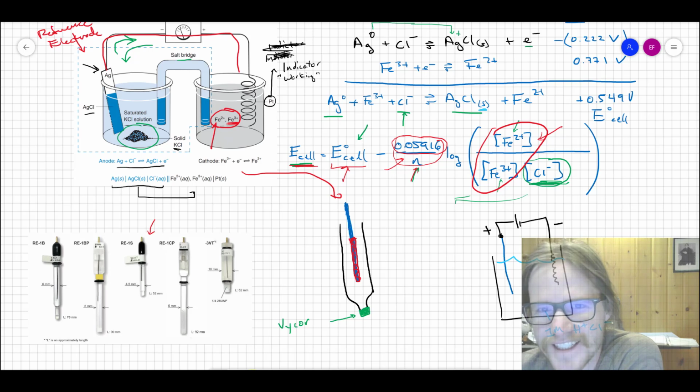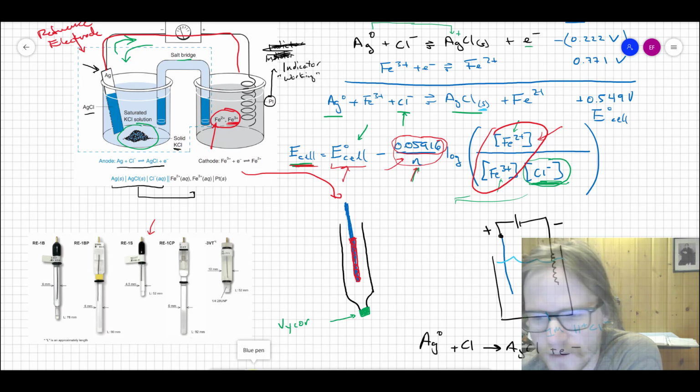What does that do? It drives exactly this first half reaction: silver plus chloride makes silver chloride plus an electron. So that coats the outer surface. If you run this for about 30 seconds, you'll see a dark sort of sepia tone. That's the silver chloride that forms on the surface.